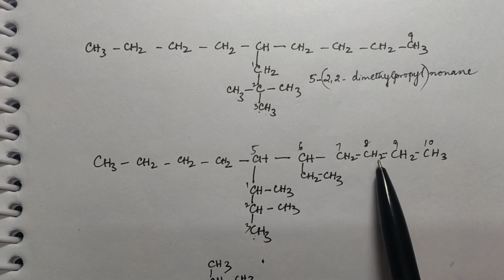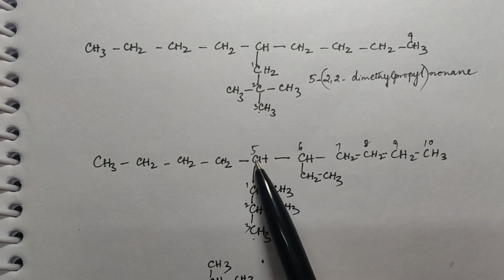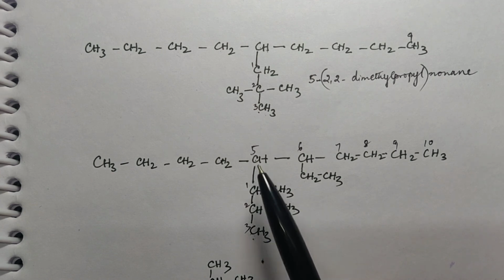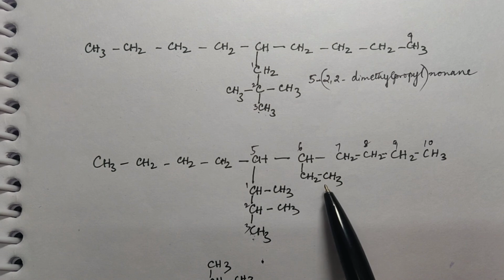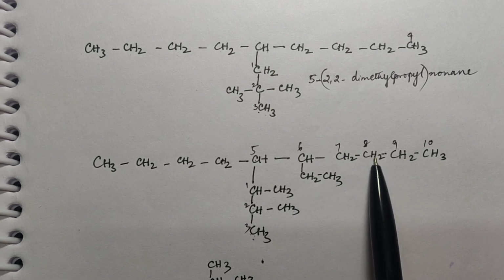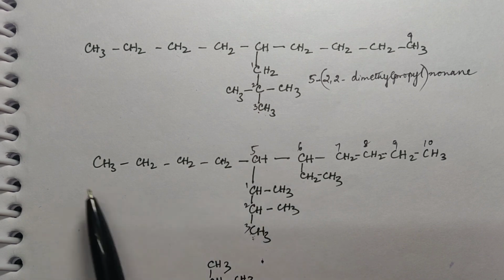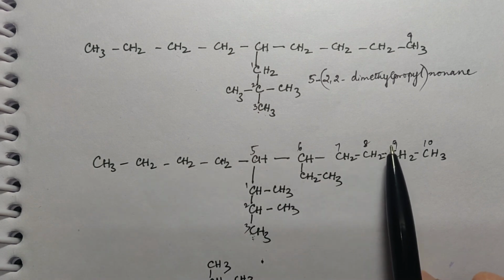One, two, three, 4, 5, 6. This is 1-ethyl. 1, 2, 3, 4, 5, 6, 7, 8. Okay, this is the longest branch. Anyway, take care.